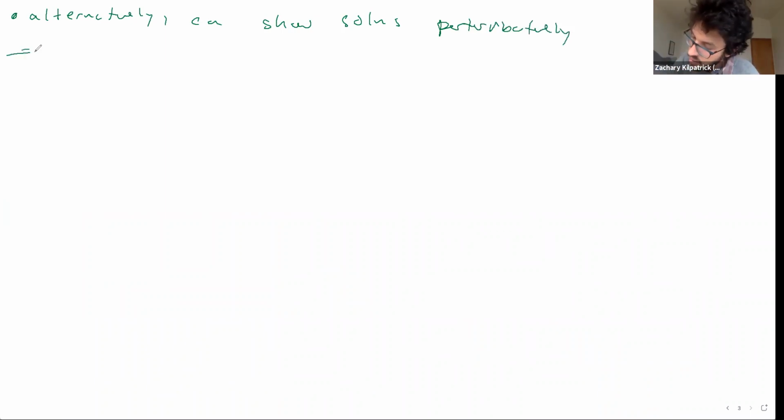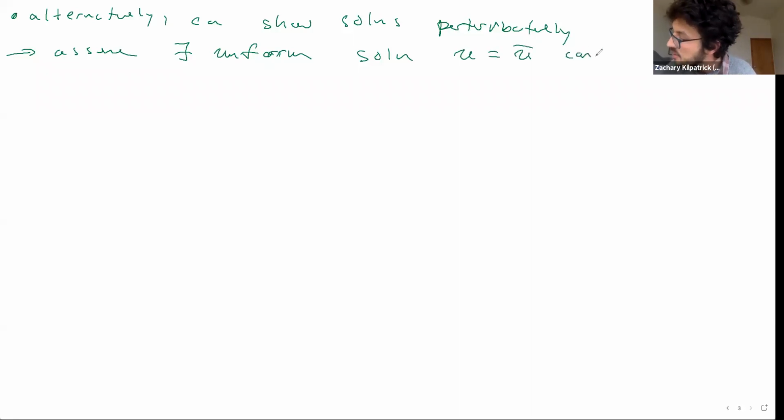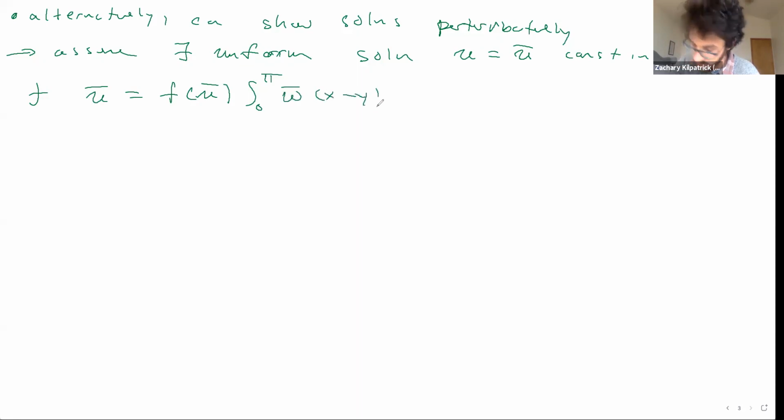We'll assume, first of all, that there exists some uniform solution, U equal to something I'll call U bar, which is constant in time and space, such that U bar is equal to f of U bar times the integral from 0 to pi of W bar of x minus y, dy.